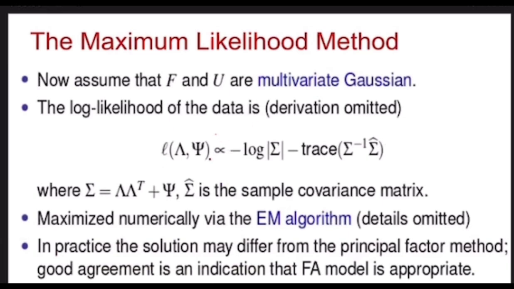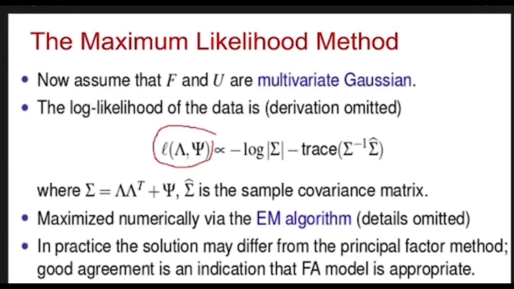There are two major parameters: the loading, the weight of the factor, and the second one, the uniqueness. The log likelihood is proportional to the log of the determinant of the covariance minus the trace of the inverse of the population covariance multiplied by the sample covariance.